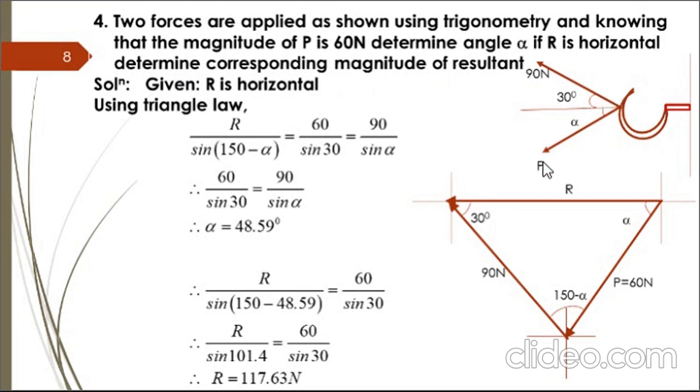One of the forces is P making an angle of alpha, another force is 90 Newton making an angle of 30 degree. The value of P is given as 60 Newton, and we have to determine the angle alpha, this angle made by P with respect to horizontal, and also the value of the resultant magnitude, and for that it is given that R is horizontal.